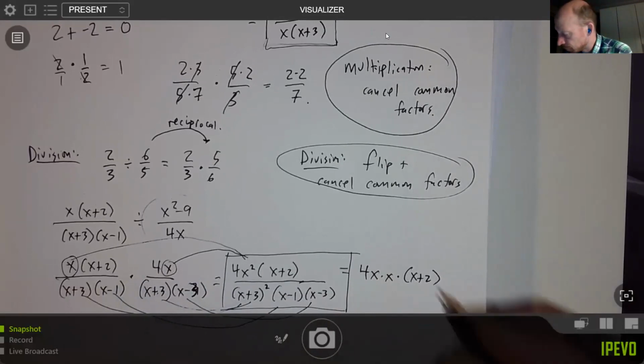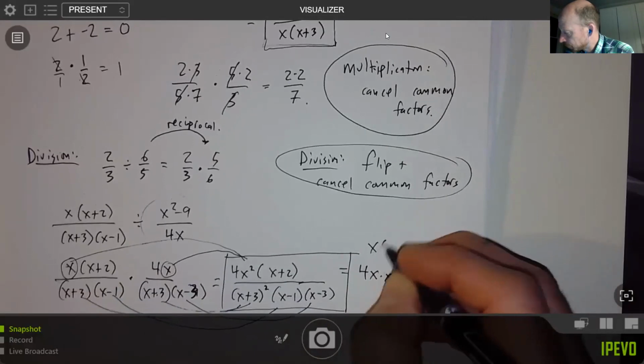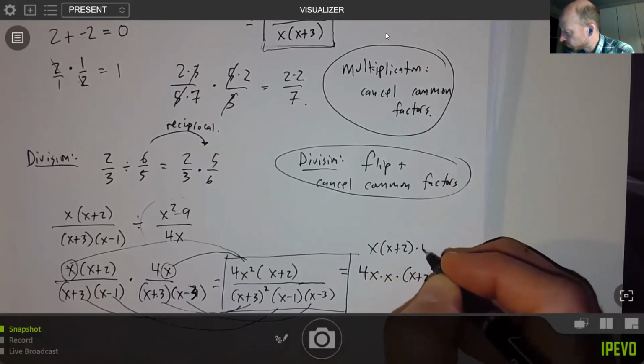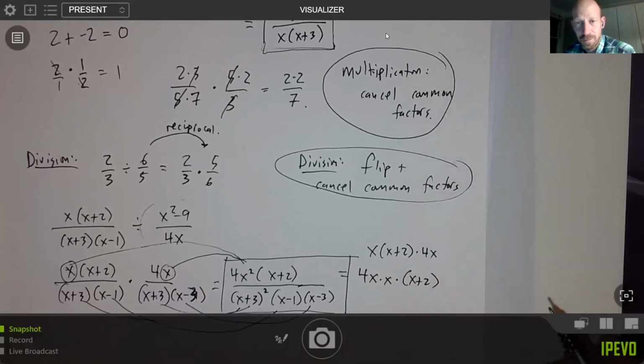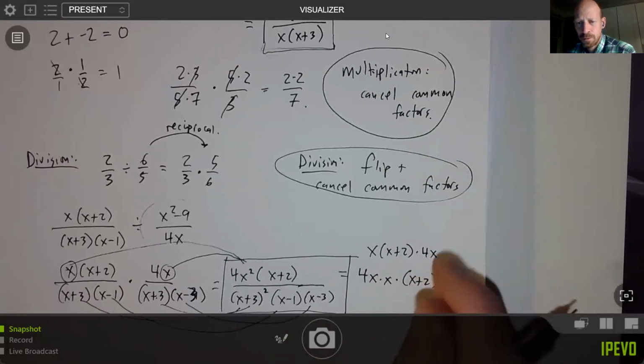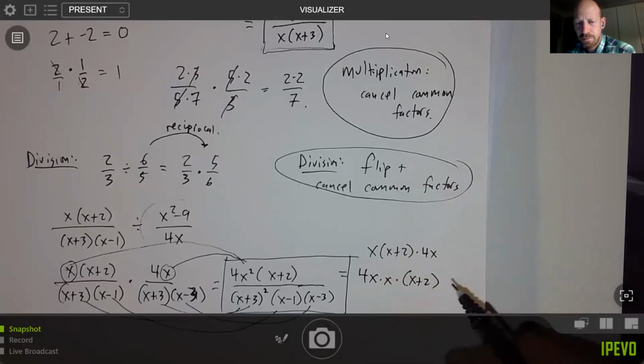You could also write it x times x plus 2 times 4 times x. That is also the same thing. You can do that multiplication in any order you want. Any other questions on that process?